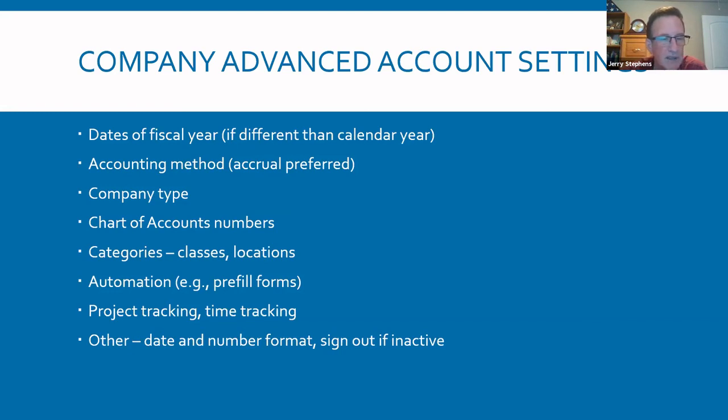As we've touched on, it will again do the categories for you, the classes and locations of business. It has an automation function, which will start to pre-fill different fields for you. If you start to type something, it will recognize what you've used in those fields before and bring that up. So it makes the entry easier and simpler from that standpoint.